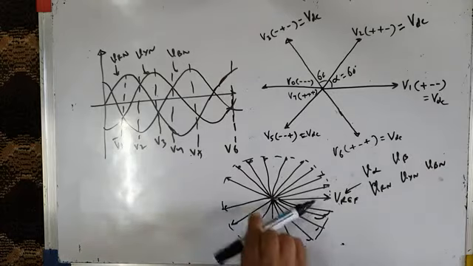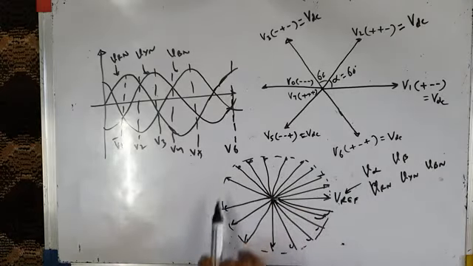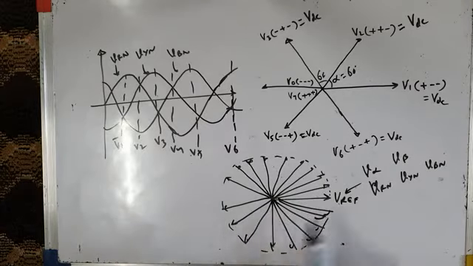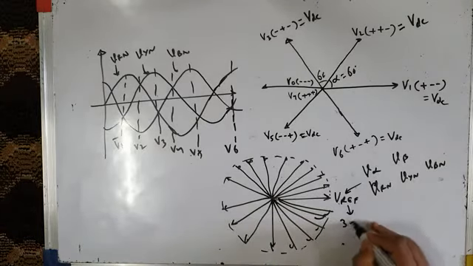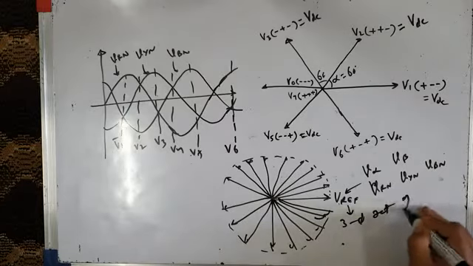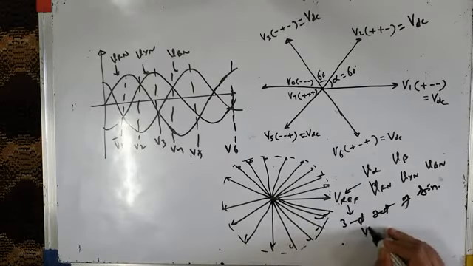So that means this rotating reference vector, which is rotating continuously in the counterclockwise direction in a circular path, represents a 3-phase set of sinusoidal voltages or a 3-phase set of sinusoidal currents.